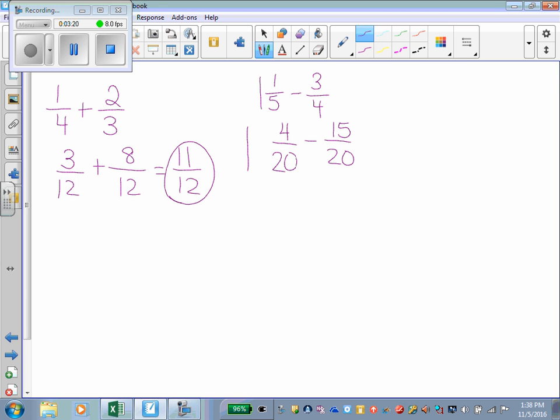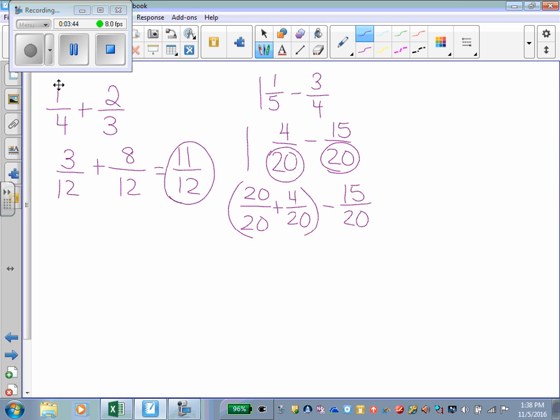Since I cannot take 15 from 4, we need to change our whole number to a whole number fraction using the common denominator of 20. So our whole number fraction is going to be 20 over 20. We're going to add in the 4/20ths that we already have, and then subtract the 15/20ths.